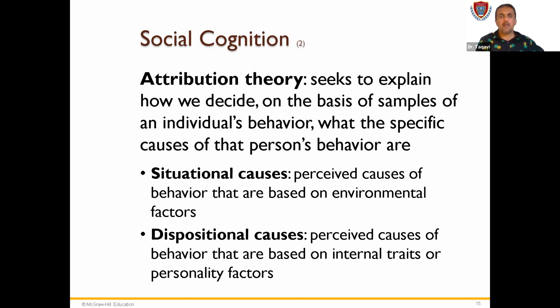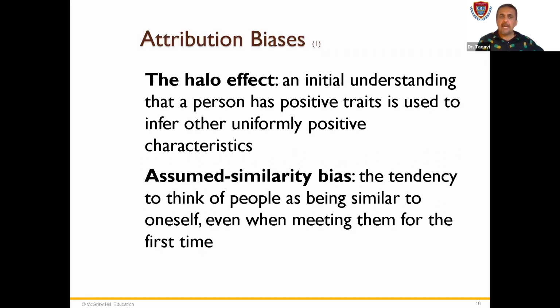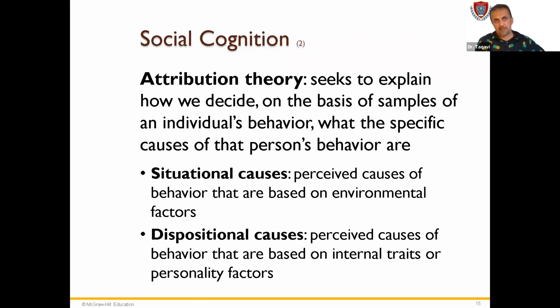We are talking about causes, about the roots, cause and effect relationship. So we have two types of causes: situational causes and dispositional causes. Situational causes, perceived causes of behavior that are based on environmental factors.